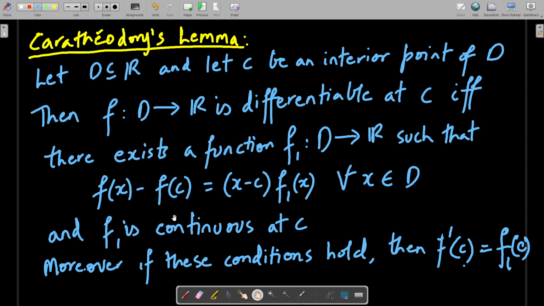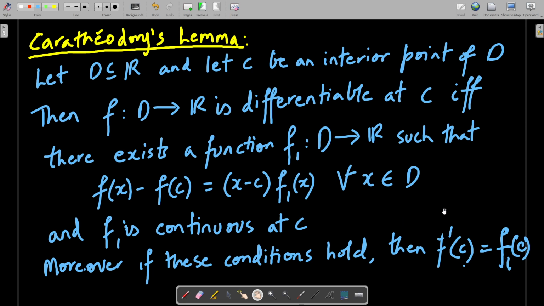If we take x minus c down and take the limit as x tends to c, the LHS turns out to be the derivative of f at c, f prime of c, and this becomes f1 of c on the RHS. Because of that this conclusion comes.